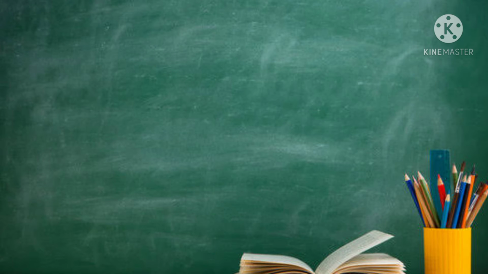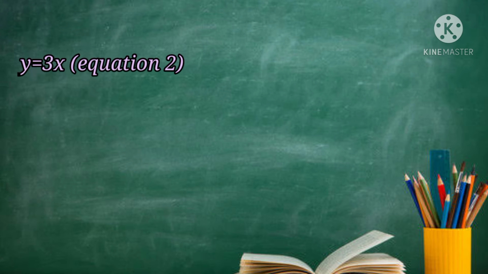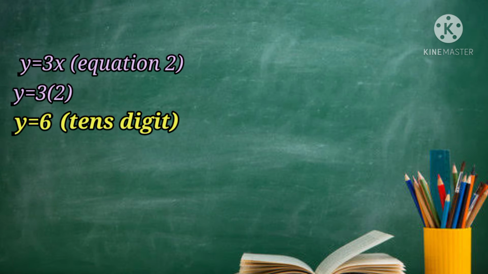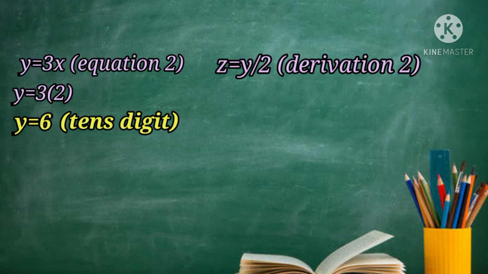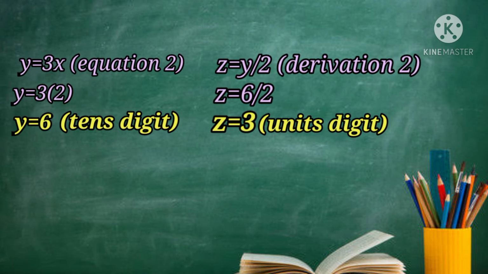Next is we're going to solve for the value of y using equation 2, given that our x is 2. Y equals 3 times 2 is equal to 6, which is our tens digit. Then lastly, we solve the value of z using the second derived equation, which is z equals y over 2. So 6 divided by 2 will lead us to 3, which is our units digit.